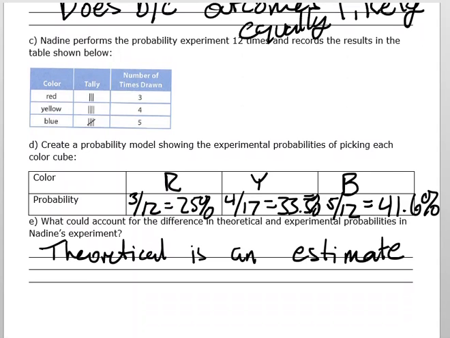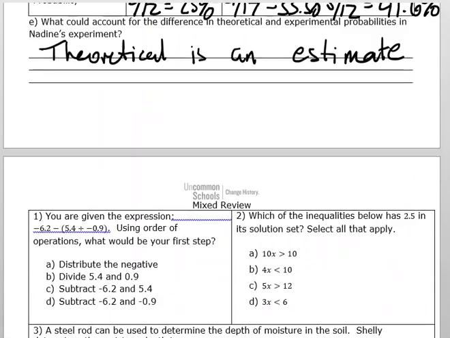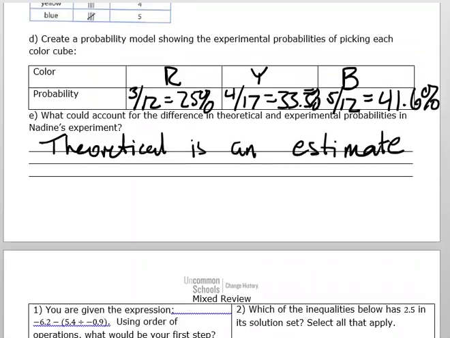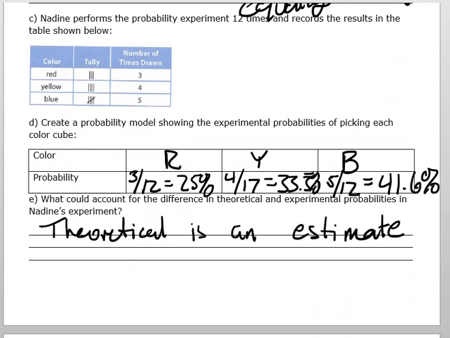We do expect that you would get closer to your theoretical probability. So watch that video and it'll be really helpful for you to understand that concept. I'm going to pause right here. We're going to take a dive into tomorrow's lesson.